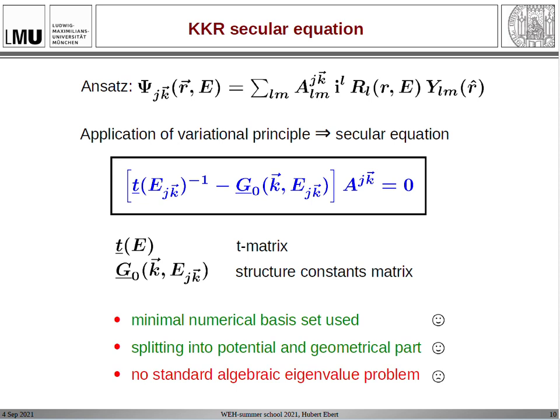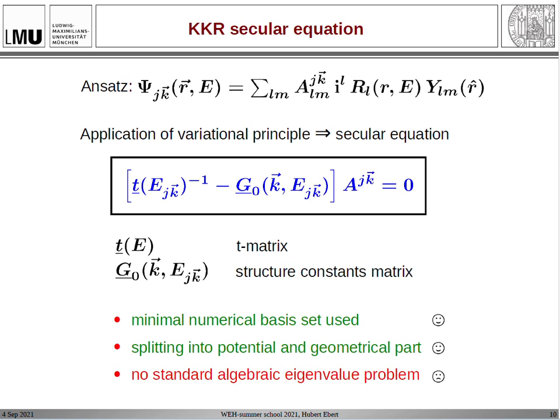Another feature, because we are doing an angular momentum expansion of all and everything, as you will hear once more later, is that we have a minimal basis set, a minimal numerical basis set for our calculations. So this is a numerical basis set. It's not a Gaussian function or whatever you want, but it's really a numerical solution to the Schrödinger equation for an isolated atom potential.